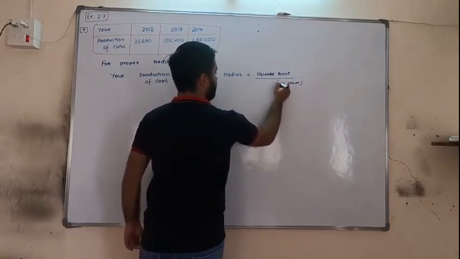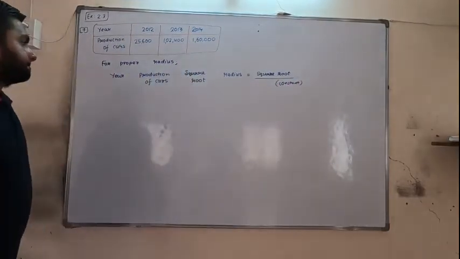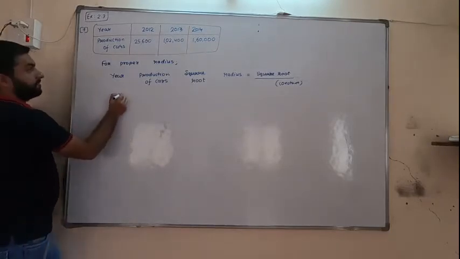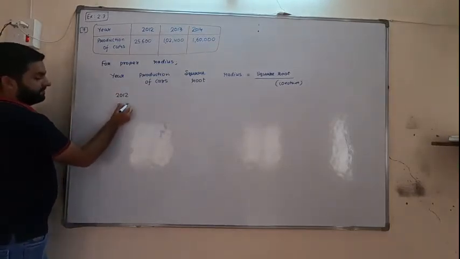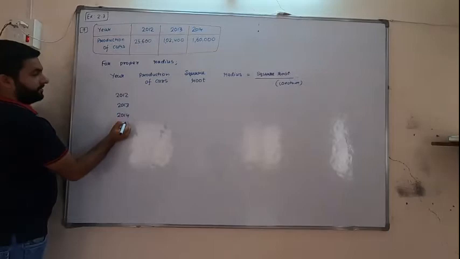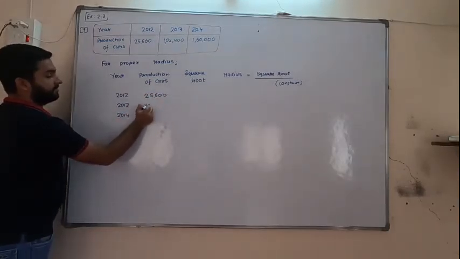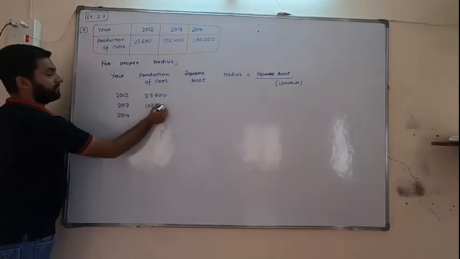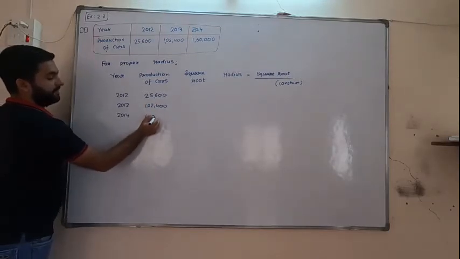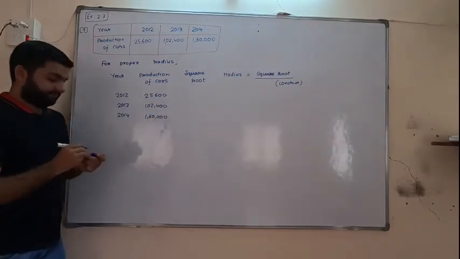But what constant, we don't know. First we are finding the square roots for 12, 13, 14: 25,600, 1,02,400, 1,60,000.